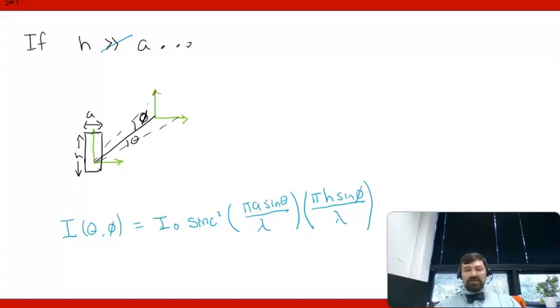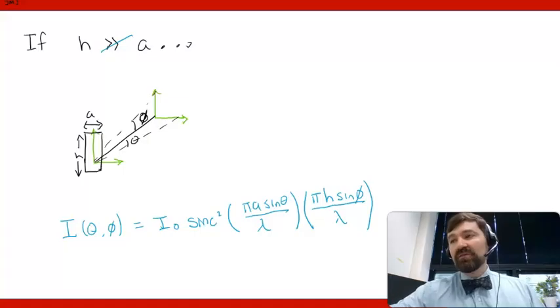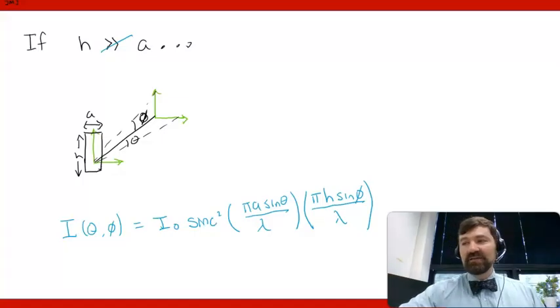And so essentially what I end up getting is a pattern that looks more or less like a cross shape, to be honest, because everything tends to fade as you go away from either of these axes. And so my overall pattern when I have just a square aperture or even a rectangular aperture tends to be cross-like.